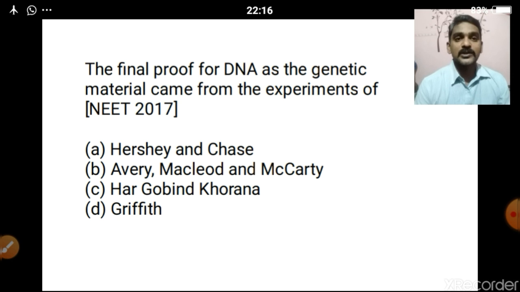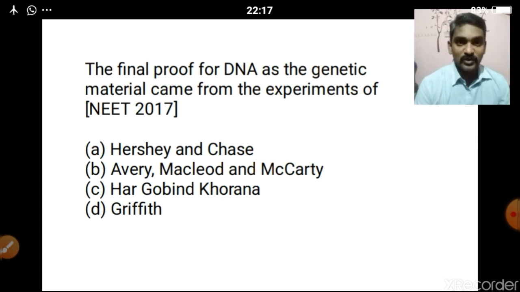So what about Har Gobind Khorana? He was involved in research like protein synthesis, the importance of the nucleotides in protein synthesis, and the genetic code. So his experiments are based on the genetic code and nucleotides. Whereas Griffith did the transformation principle experiment.